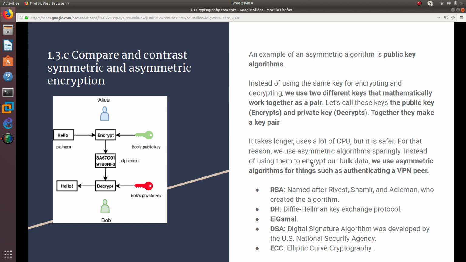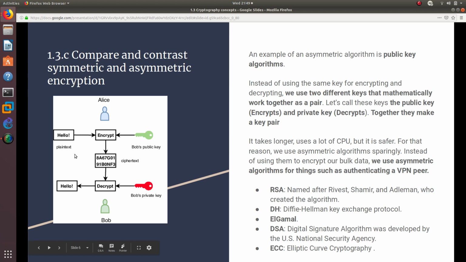Instead of using them to encrypt bulk data, we use them for things such as authenticating a VPN peer. Some of the algorithms used are RSA, DH, ElGamal, DSA, and also ECC, elliptic curve cryptography.